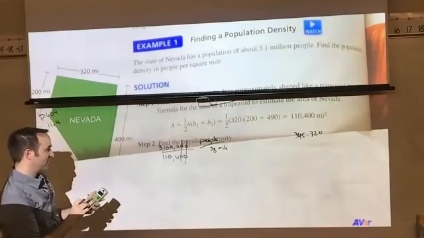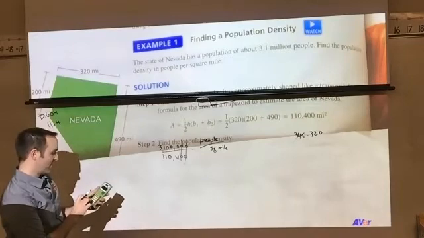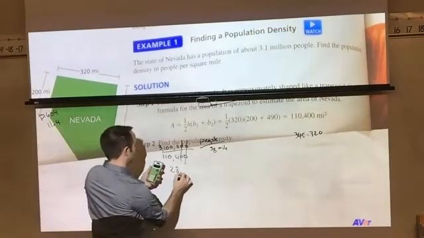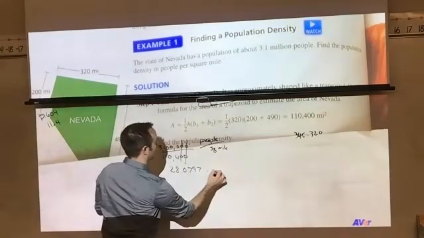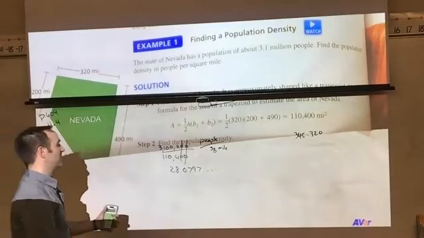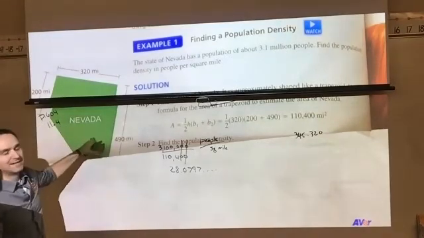So really, what I'm going to type into the calculator is 31000 divided by 1104, and I'm going to get 28.0797, and so on. But it does say people per square mile, and really we're estimating, okay? We already approximated the shape, so we know this is not going to be an exact answer.